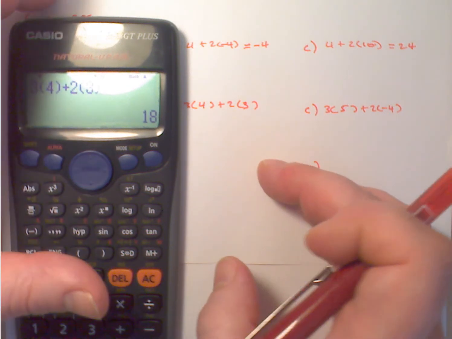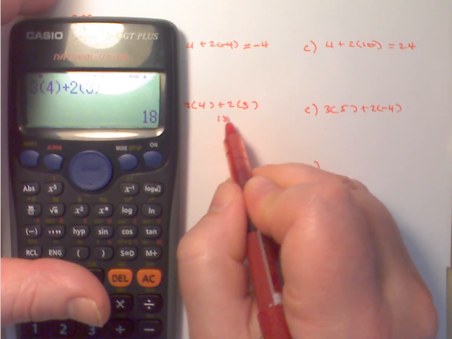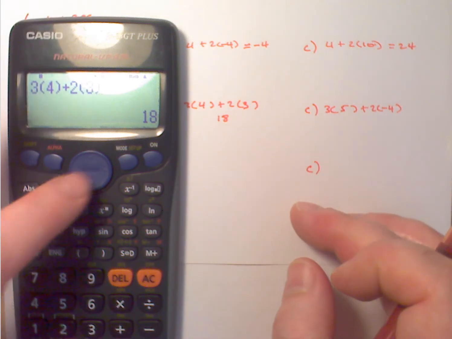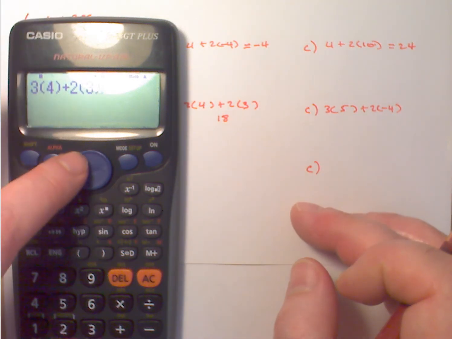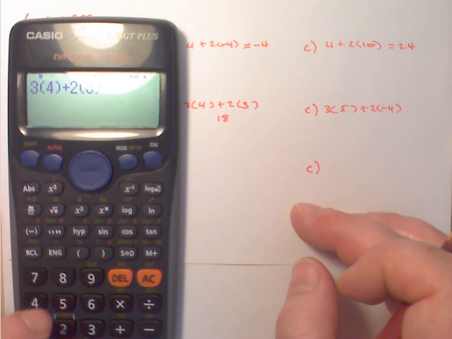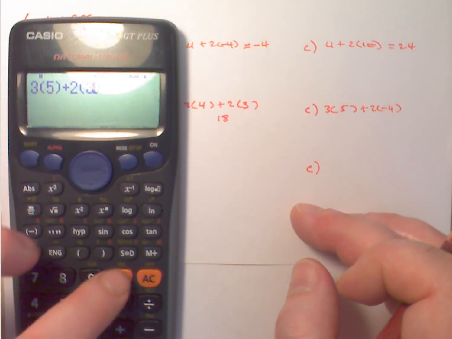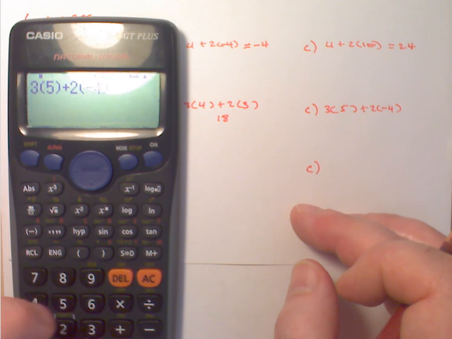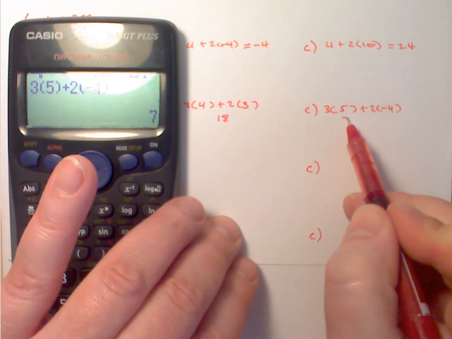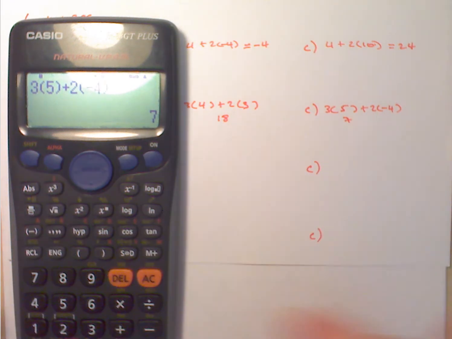That gives me 18. And this is the one that I would expect people to make a mistake if they don't use the bracket system. So that needs to be 5, and this needs to be minus 4 and 7. So the calculator, because I'm using brackets, does all the work.